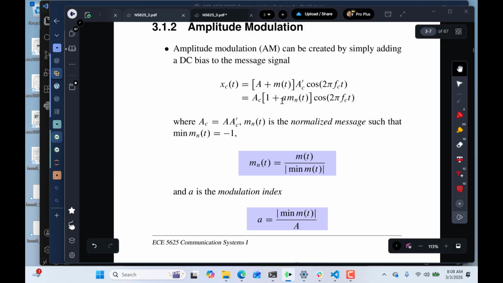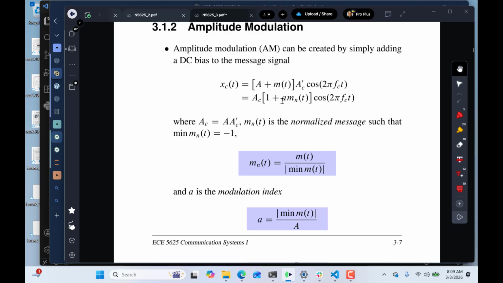And then the message signal gets brought in with a modulation index A. In order to control the modulation index to make AM radio work successfully, we need to know what the modulation index is so we don't overmodulate the waveform, and I'll walk through that again.